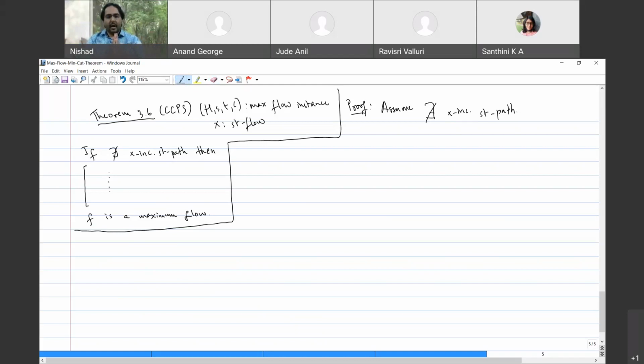Any ideas on how we would be able to show that a certain flow, sorry, not F, I meant to say X over here, my bad, X is a maximum flow? So any ideas on how we can show that a given flow is a maximum flow? What are the techniques we know at this point to show that a particular flow is actually a maximum flow?